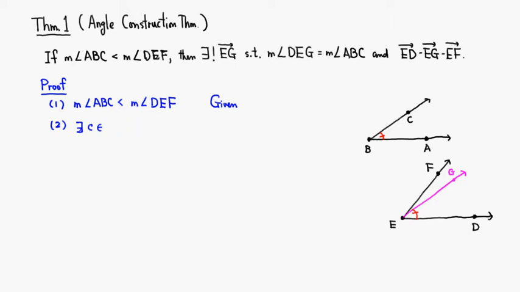I'm going to squeeze in C and another one, say F, between 0 and 180, such that C is the measure of angle ABC, and F, little f, is the measure of the angle DEF.